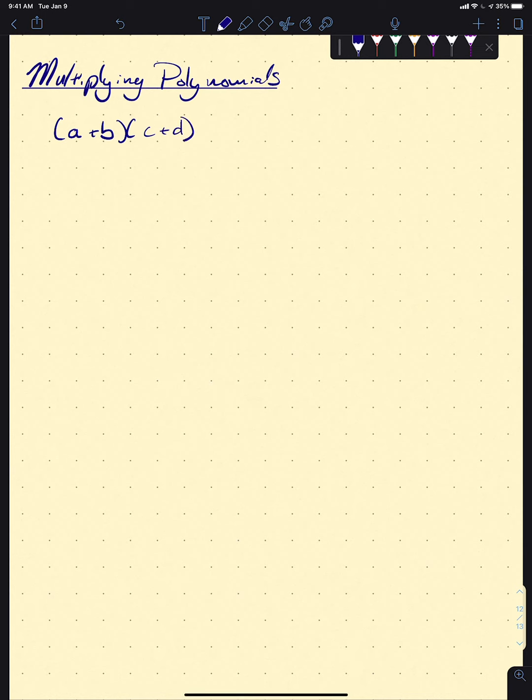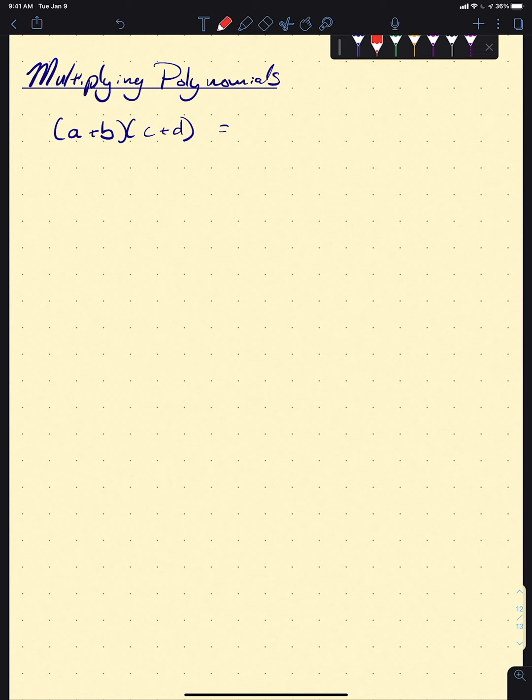Again, since we're doing this in college now, we're moving towards a general approach to these ideas. So we have two general binomials here, a plus b times c plus d, and you would use FOIL to solve this, right?